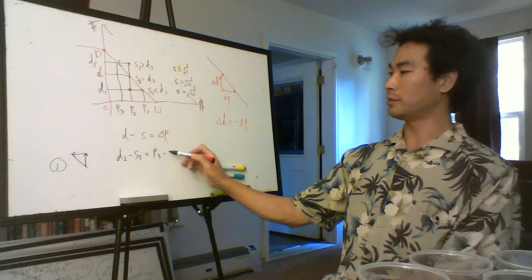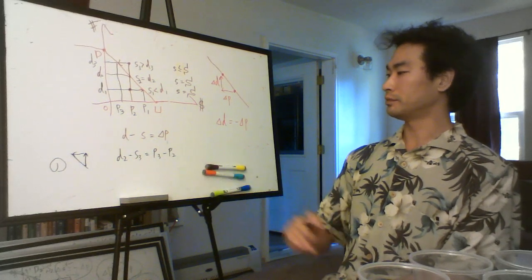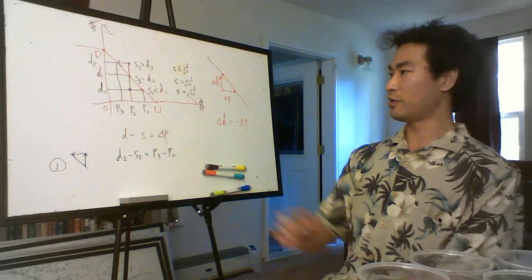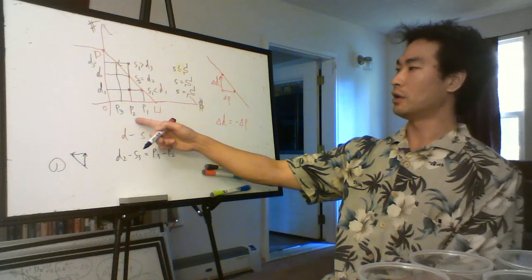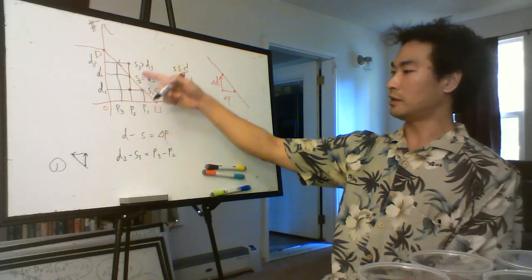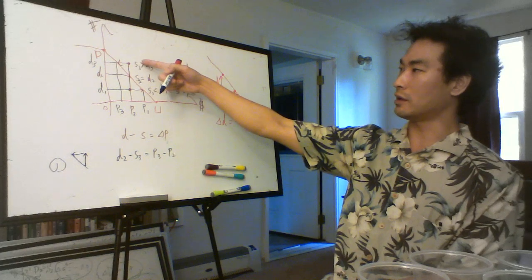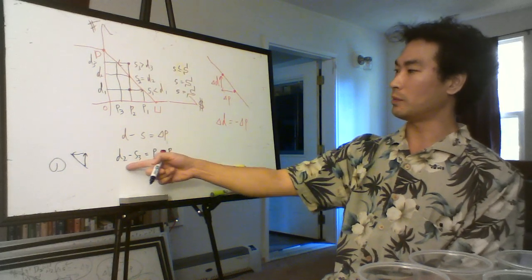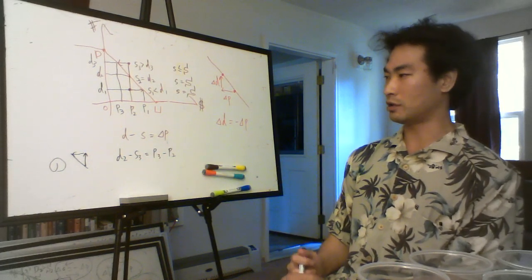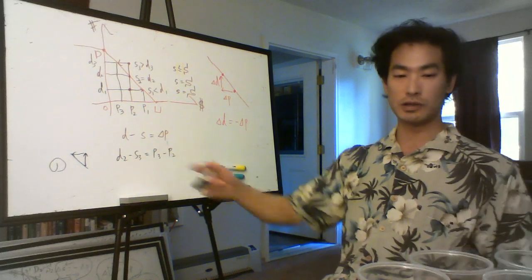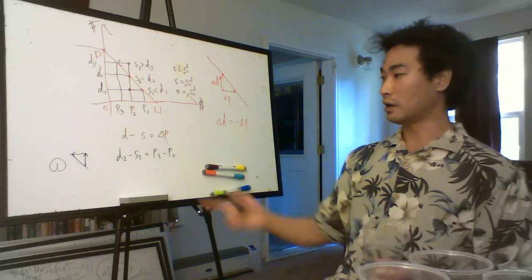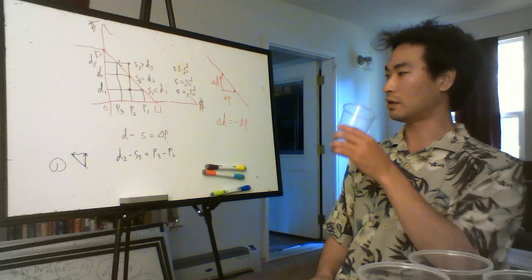P3 minus P2. P3 is this, P2 is this, so this will be negative. And D2 is this, and S3 is that, so this will be negative as well, because you are subtracting a big number from a small number. So yeah, they're both negative.